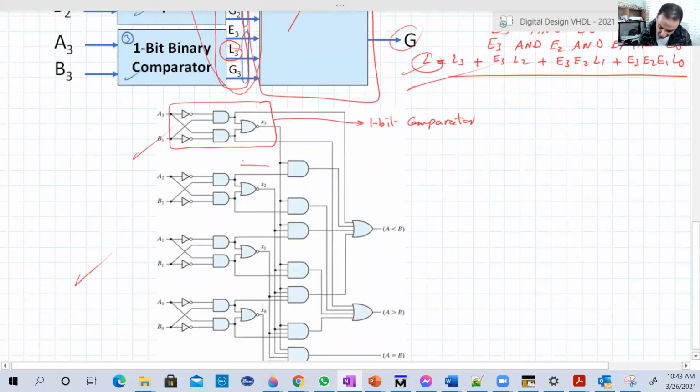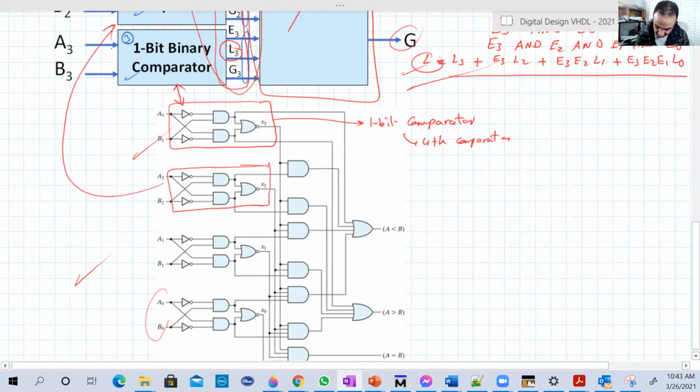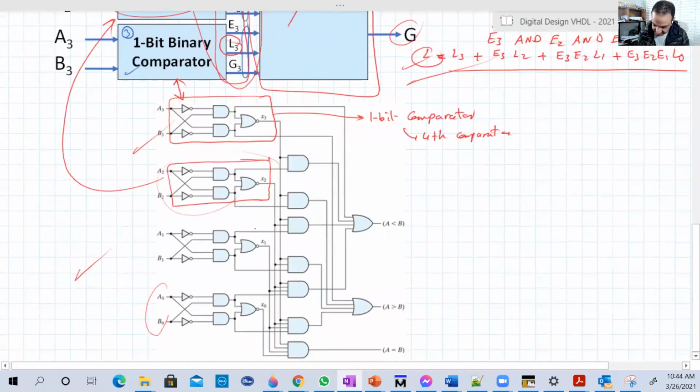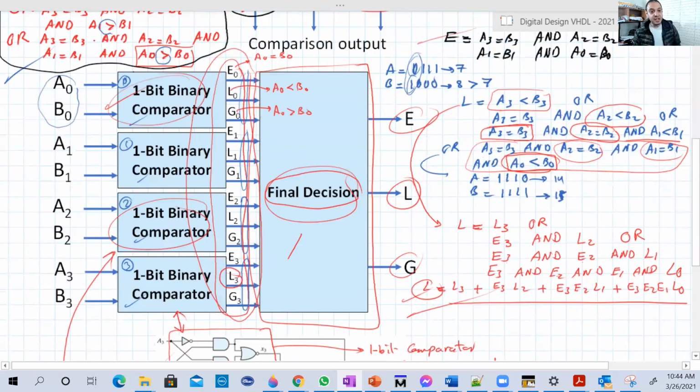It started from 0 in the bottom, so this is basically the 4th comparator, which is that one. Then this is the 3rd one. If we go up a little bit, this one here is that one. Then this is the 2nd one, and this is the 1st one here.